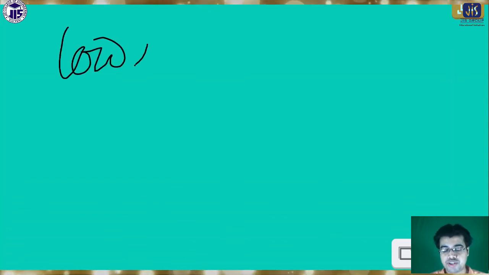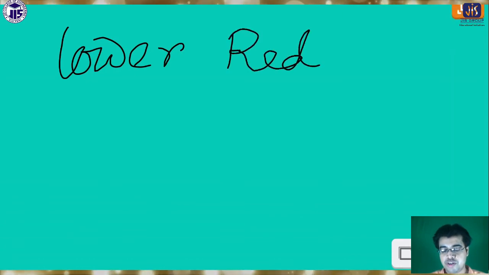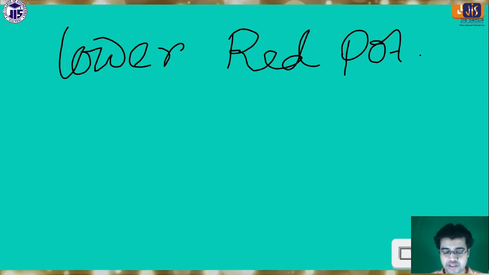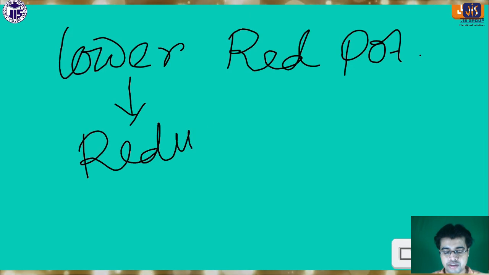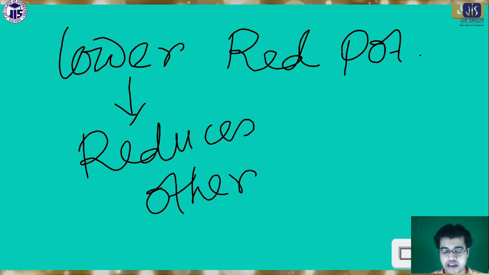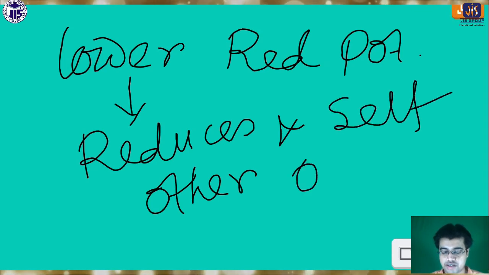So what is this trick? The trick is: the one which has the lower reduction potential, in between these two, reduces the other and is itself oxidized.